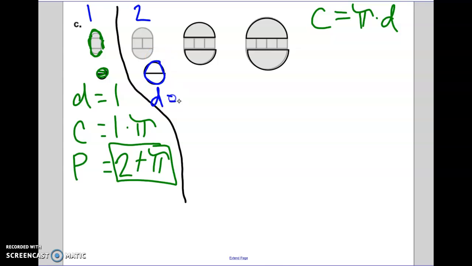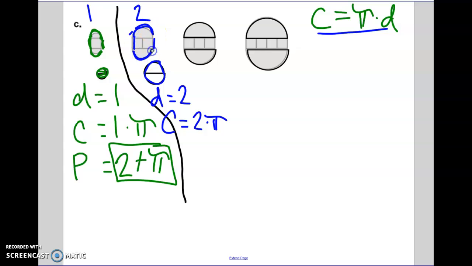This diameter, this guy, is not 1 unit across, but now 2 units across, which means that the circumference of that circle is, remember, it's pi times diameter, so it's going to be 2, the diameter, times pi. Now remember, I want to find that, plus that, plus that, plus that.